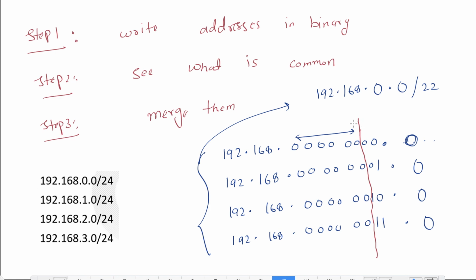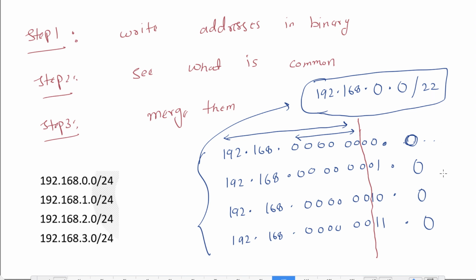What does this mean? It says that the initial 22 bits are fixed, which are zeros, and the later bits are changeable. These 4 networks can be combined into this one network, which says that the initial 22 bits are fixed, and then you can change the bits.